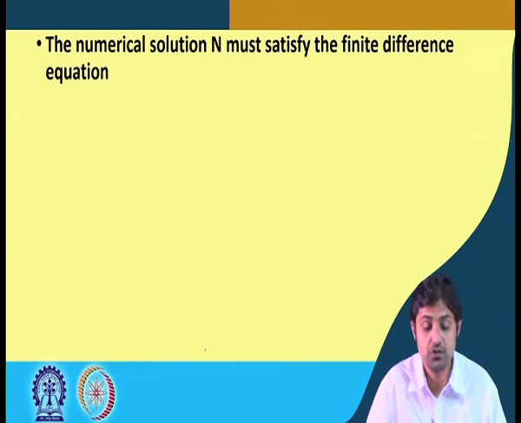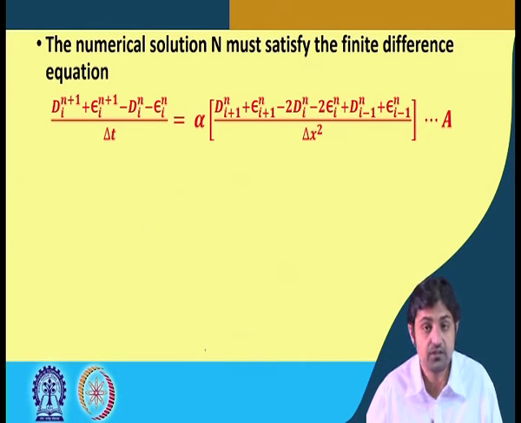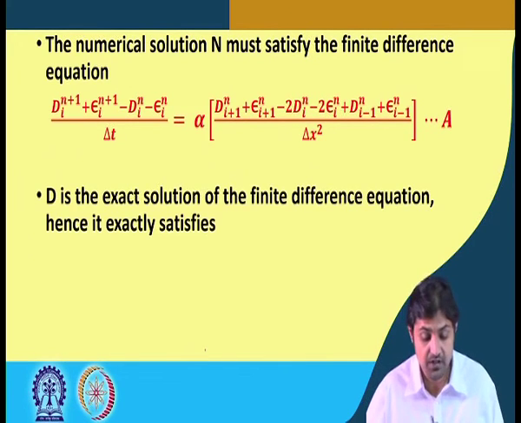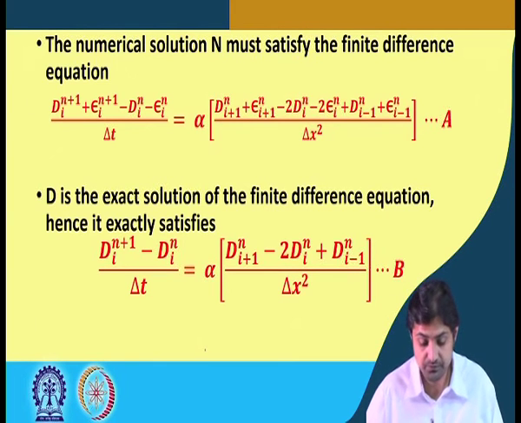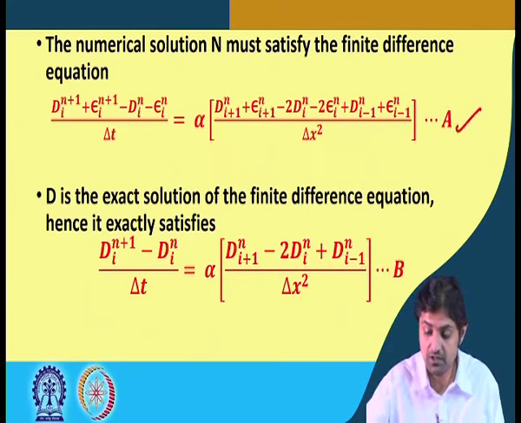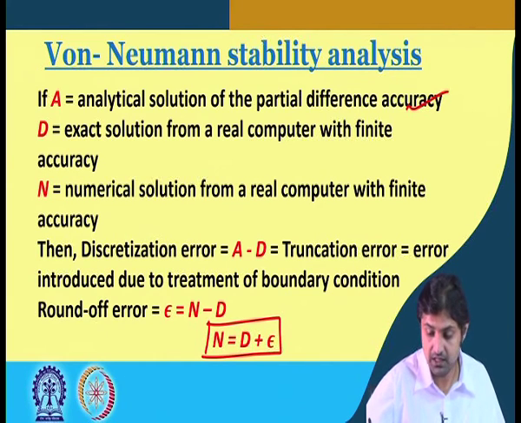So the numerical solution N must satisfy the finite difference equation like this. And D is the exact solution of the finite difference equation, hence it exactly satisfies this one, A and B. Right, A was the finite difference equation in the first page that we saw.